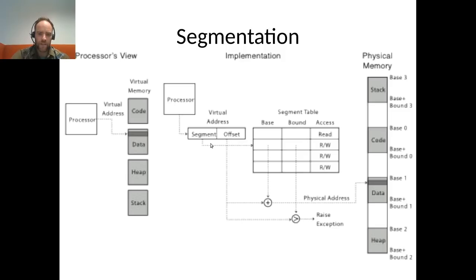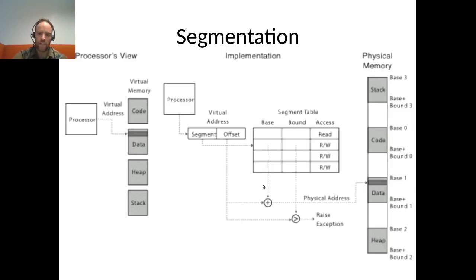So we fetch out of this with the segment number the base, we add that to the offset, and that gives us the start of our physical address. So when we see a virtual address, the segment is looked up in the table, the base is fetched, and it's added to the offset. That gives us where we actually are looking for in memory.